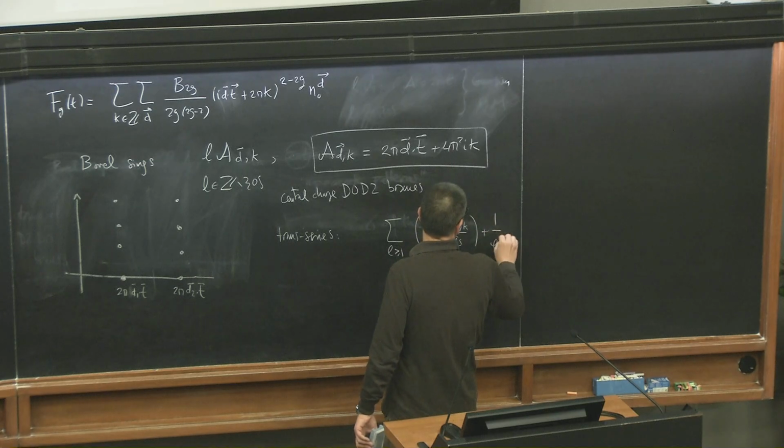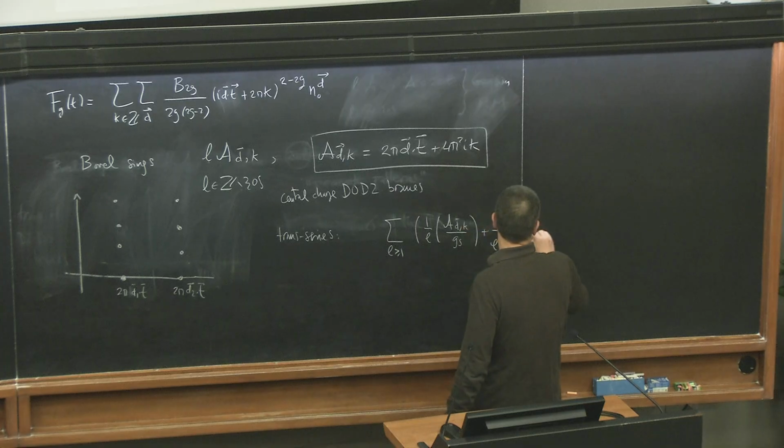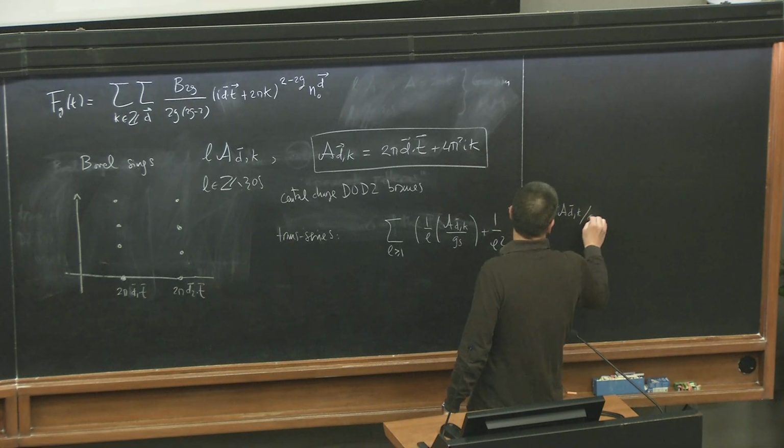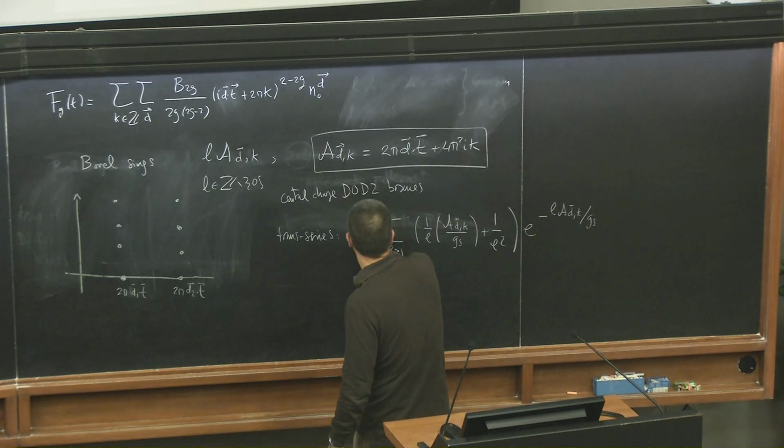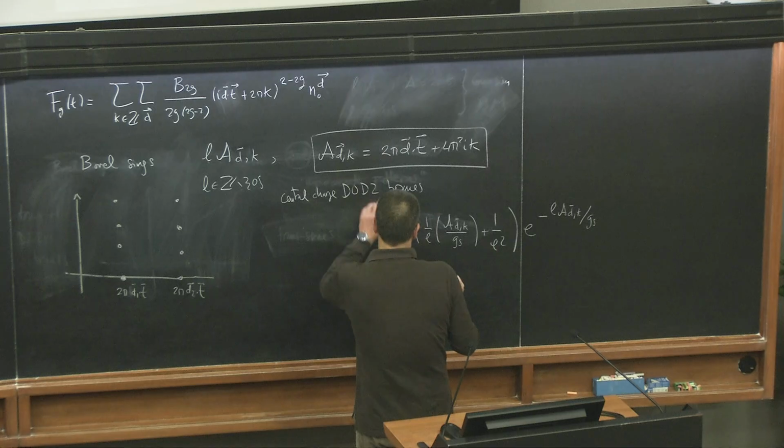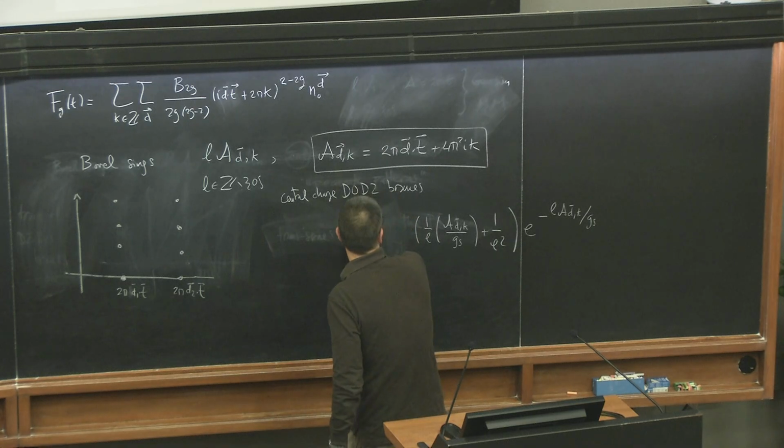So we have something like this. And then we have A minus L A dk divided by ds. And what is very important is that now we have a sum over L greater or equal to 1, and here we have a sum over D, because now we have an over K.